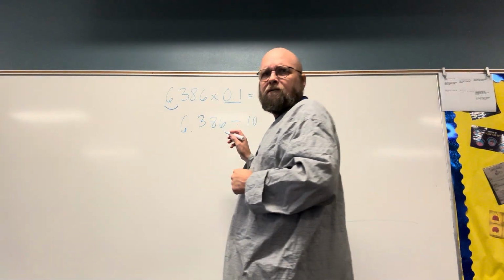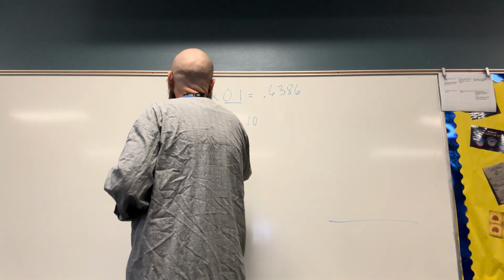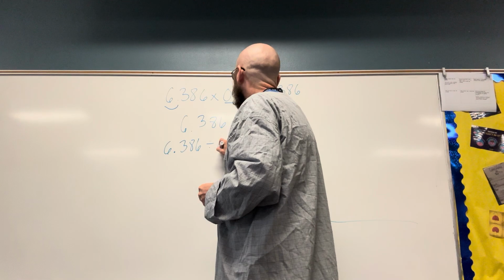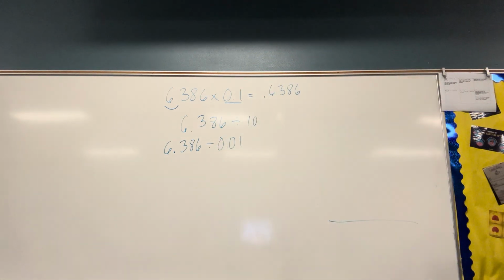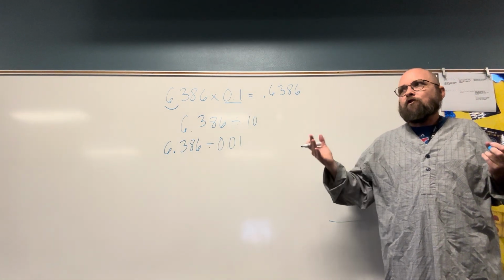Let's see, we have 6 and 386 thousandths divided by 100. We're going to move the decimal point which direction? To the right, to the left? Okay, you said the right, the left.